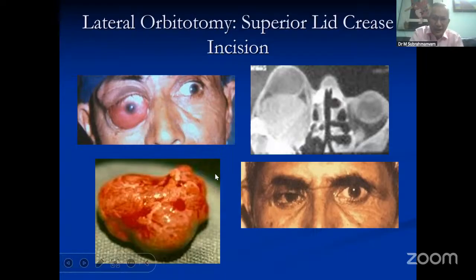So this is a case of a huge cavernous hemangioma in the intraconal space with excavation of the bone with severe proptosis and exposure, which I removed intact through a superior lid crease incision, and that's how the patient was after the surgery, 1 month down the lane. But if you look, there is enophthalmos.